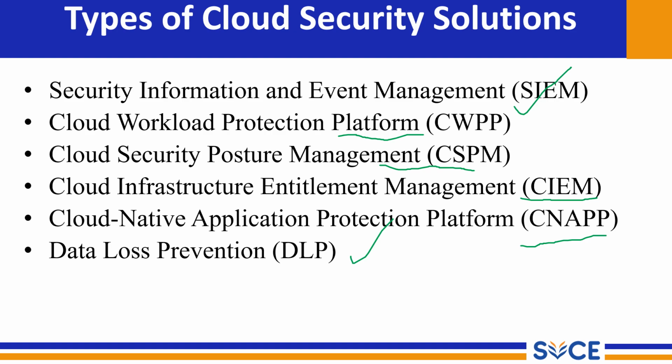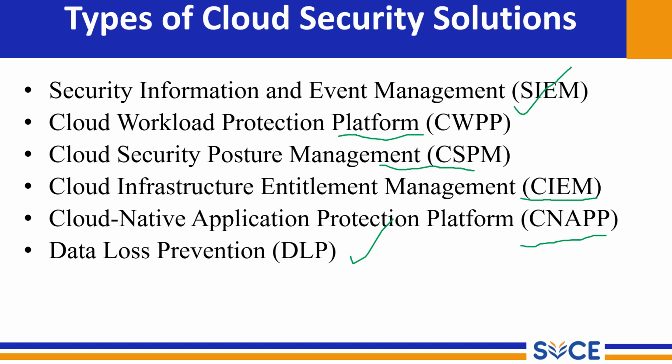The next one is CWPP, that is Cloud Workload Protection Platform. So here in CWPP, it safeguards the cloud-hosted workloads such as VMs, containers, and serverless functions. CWPP provides visibility, vulnerability management, and runtime protection to ensure secure operations across heterogeneous environments.